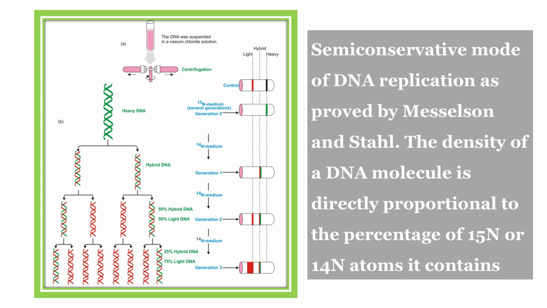Out of 4 DNA molecules in 4 cells, 2 would be completely light DNA and 2 would be intermediate. So heavy does not appear in the second generation, only intermediate, hybrid DNA and light DNA.